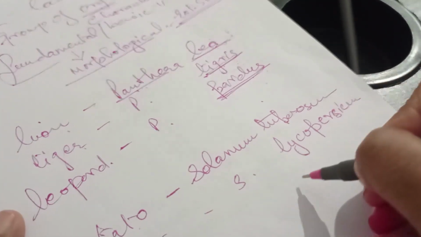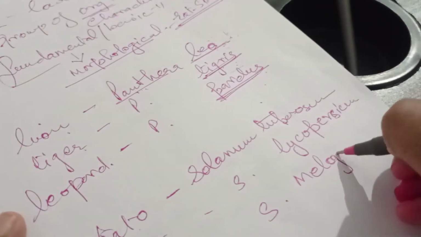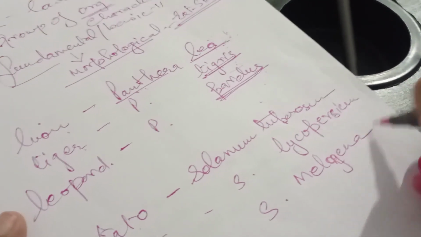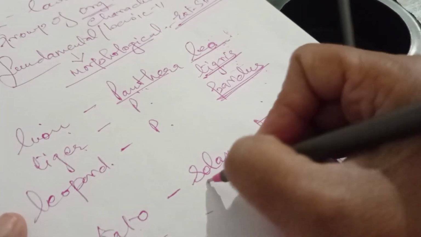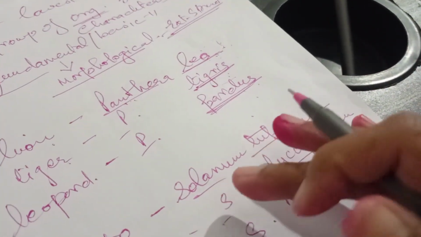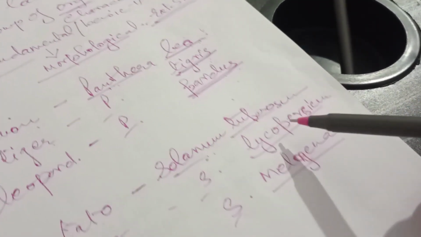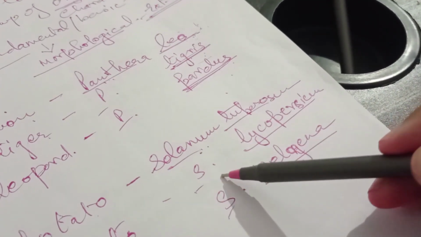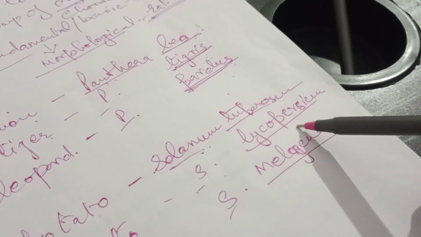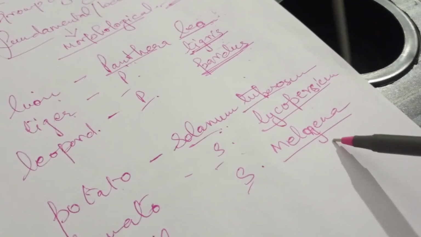And brinjal is Solanum melongena. Potato, you all know, is biologically known as Solanum tuberosum. Tomato is biologically known as Solanum lycopersicum, and brinjal is known as Solanum melongena.